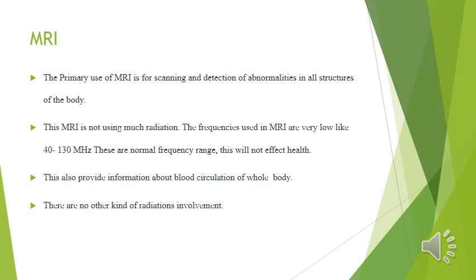This is a very normal frequency range, and it is not going to affect health or cause side effects. It also provides more information about the blood circulation of the whole body. And in this technology there is no other kind of radiation involved.